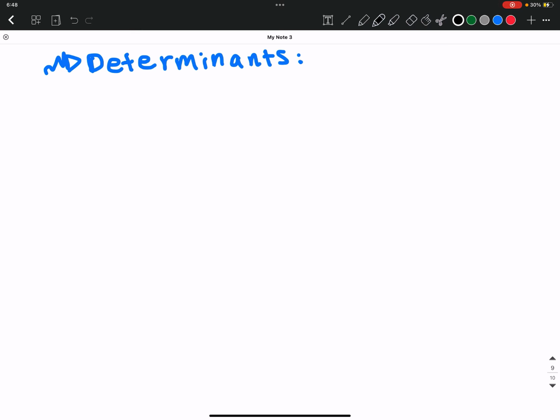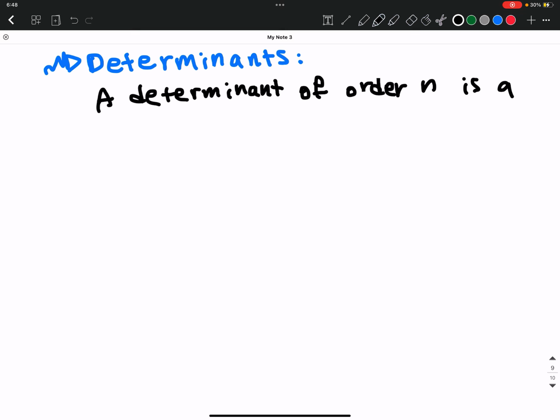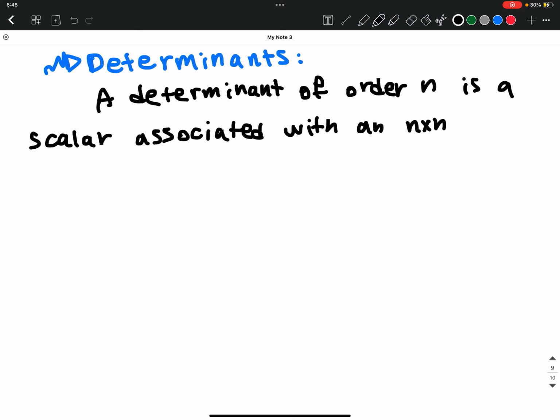So let's first define it. A determinant of order n is a scalar associated with an n by n matrix A.